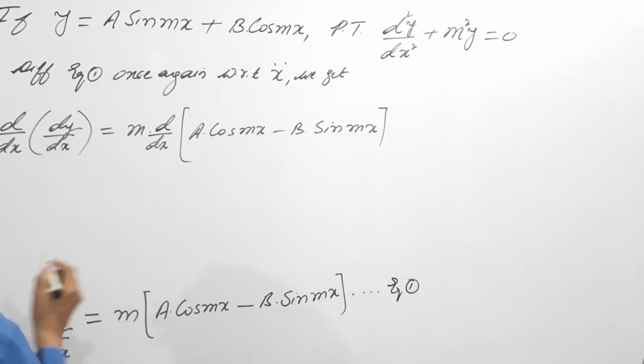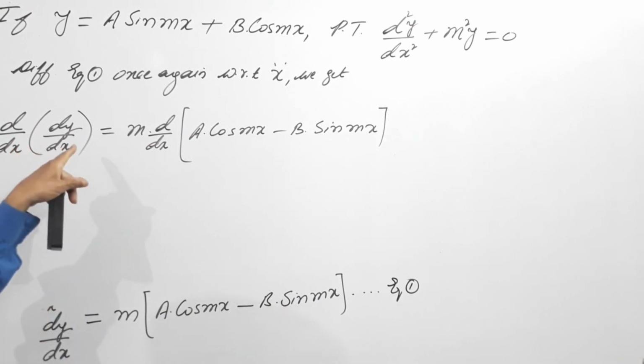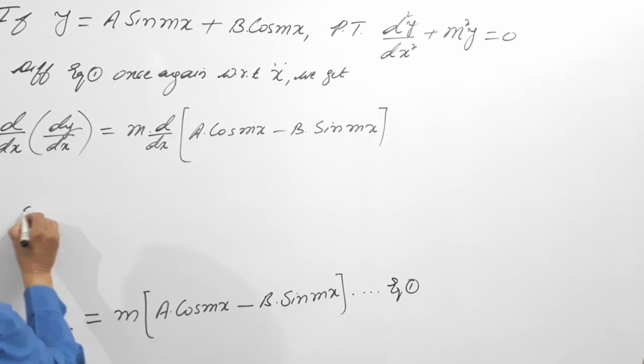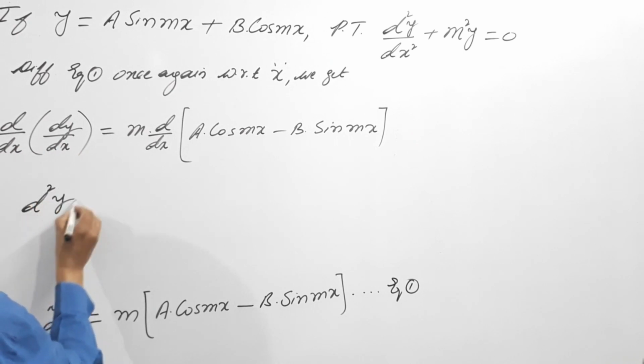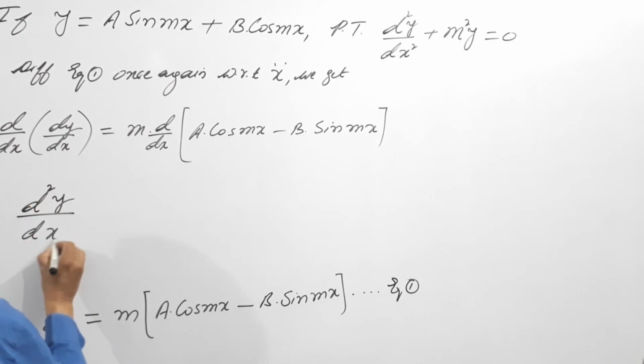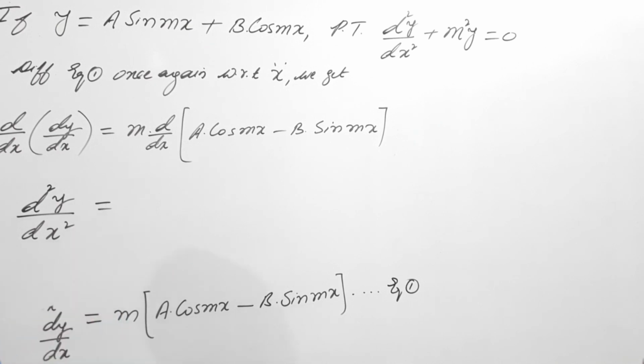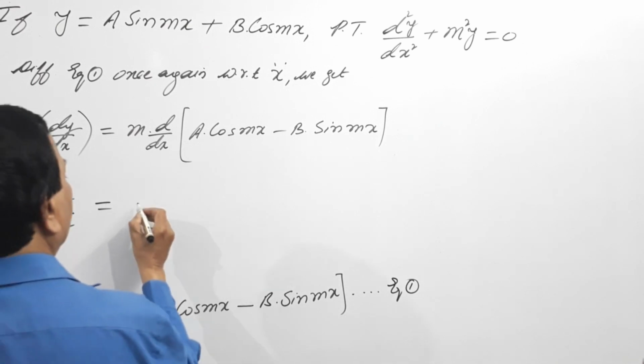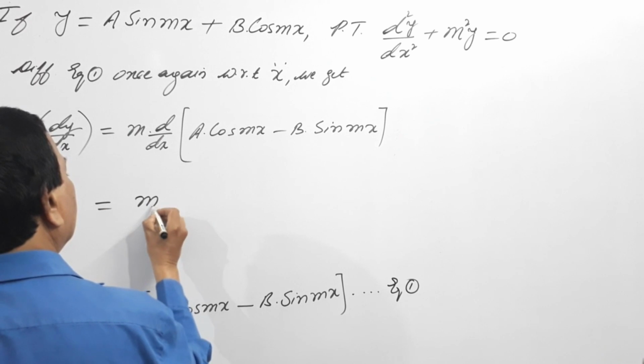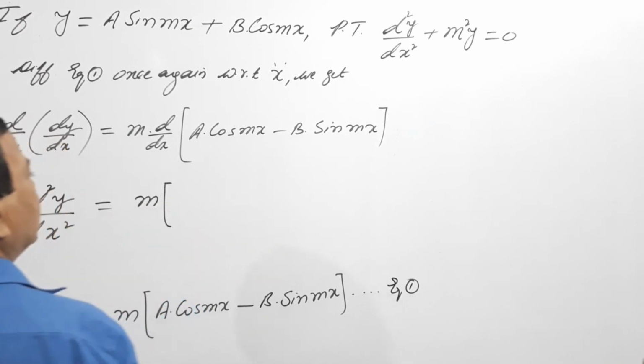So on the left hand side, what happens here? If you differentiate d by dx of dy by dx, it becomes d square y by dx square. I will take this m outside.